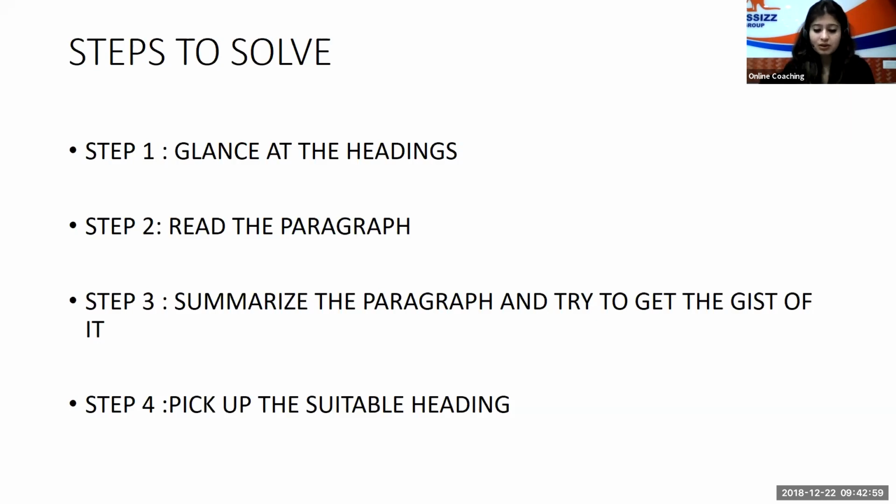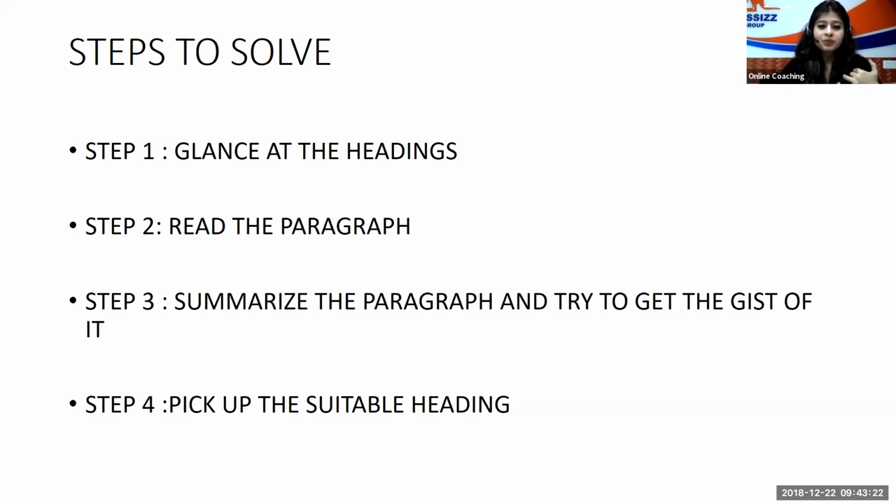So what I simply mean by what I said right now is do one heading at a time, do one paragraph at a time. Don't do everything all at once. It's not going to help. Okay, so again, I'm repeating what you're supposed to do. The first thing is you're supposed to glance at the headings.